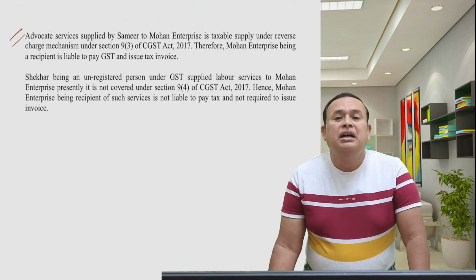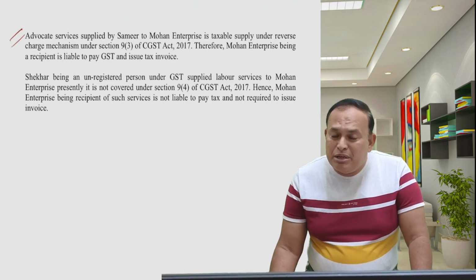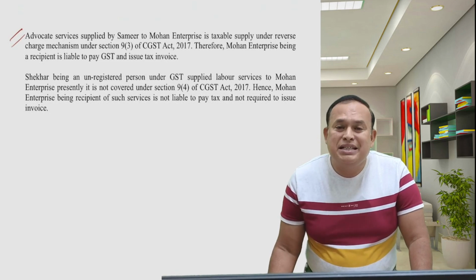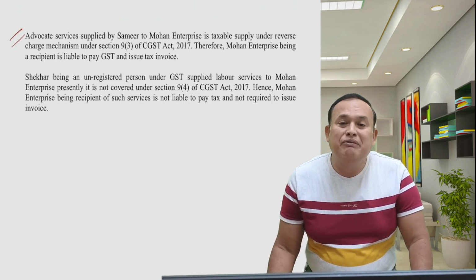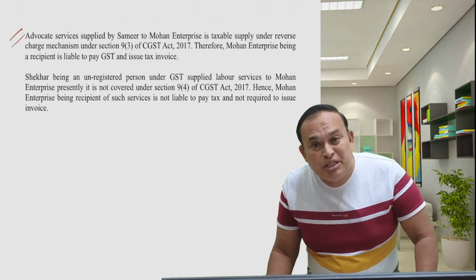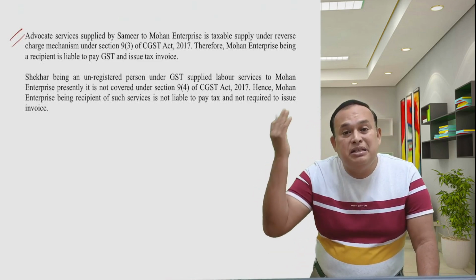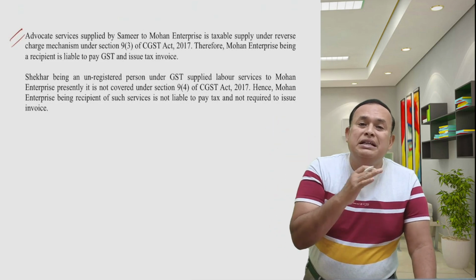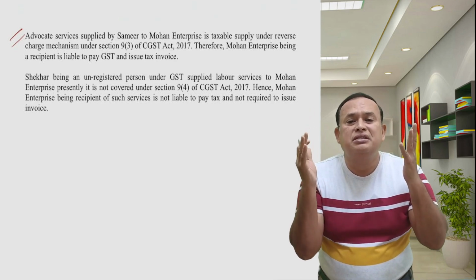On the other hand, if Shekhar, being an unregistered person, provides labor services to Mohan Enterprises, in that case section 9.4 is not applicable for the given supply. 9.4 is applied only when the recipient, being a construction contractor, receives these services from an unregistered person, and with the condition satisfied, that time only it is reverse charge. Otherwise, if the recipient is not a construction supply of services provider, the supplier providing labor services, being unregistered, does not attract the reverse charge at all.